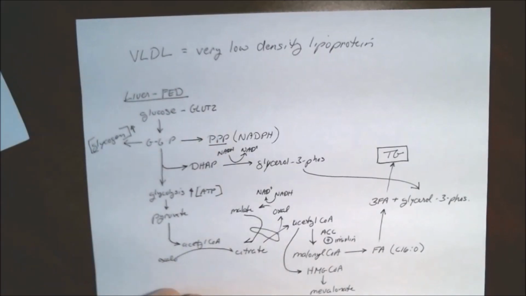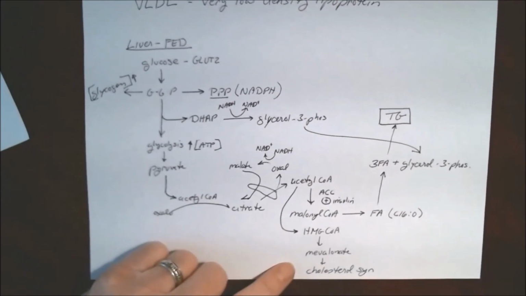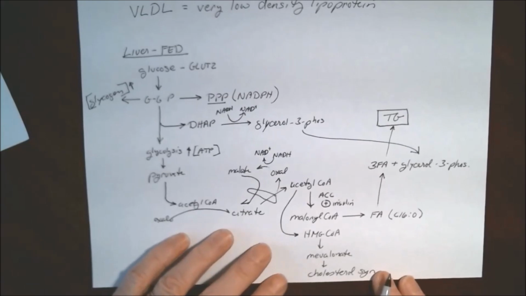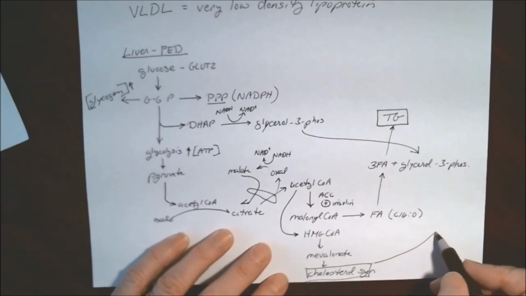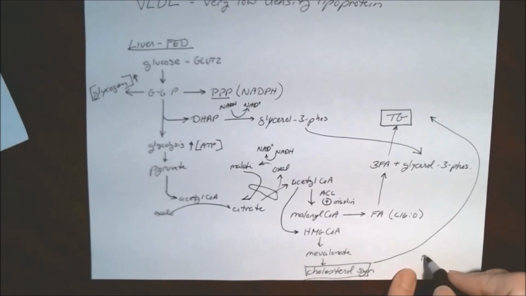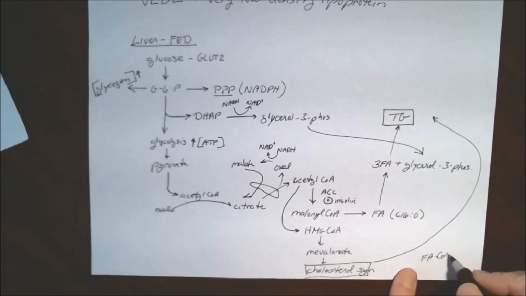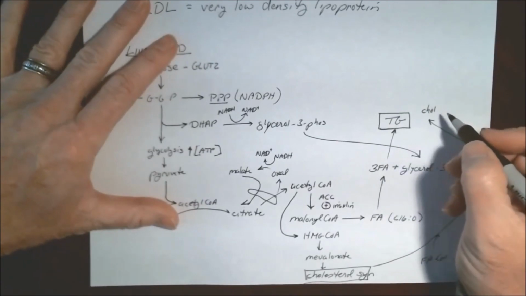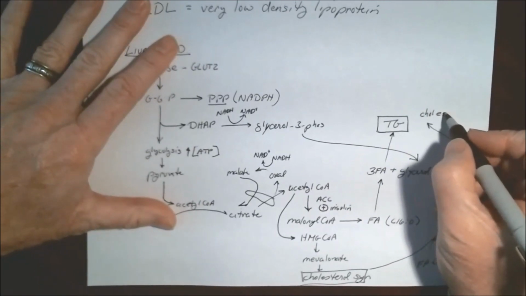So this is an anabolic situation, and we are synthesizing our major precursors. Once we have our cholesterol, we now can convert this to a cholesterol ester by adding a fatty acyl-CoA group to make our cholesterol ester.